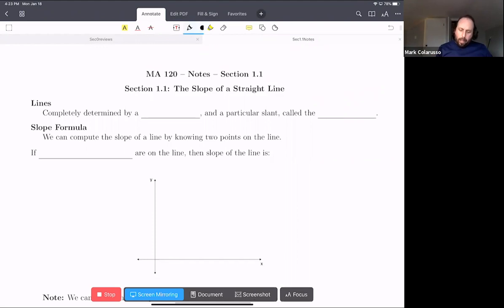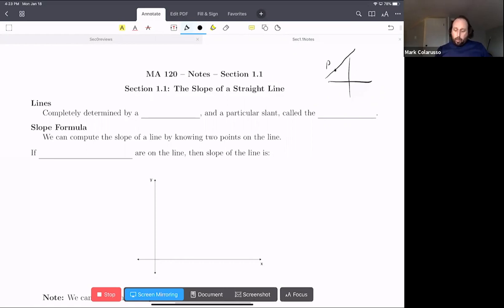So pretty basically, somebody asked you, say in Walmart, like, how do I get a line? How can I determine a line? Well, to get a line, you need to know a point on the line and a direction or a slant, right? So I've just sketched out here, take a point, draw a slant.